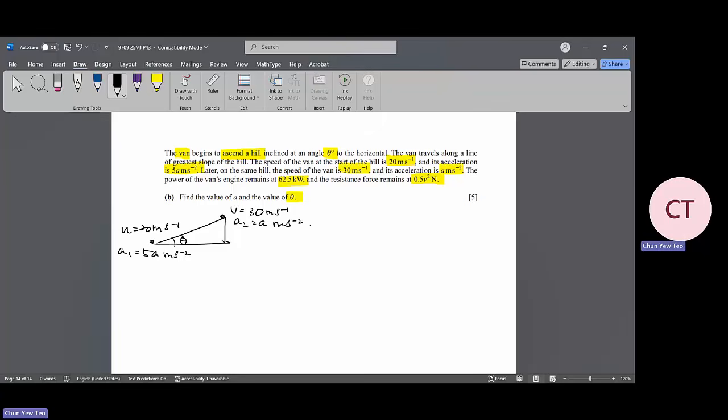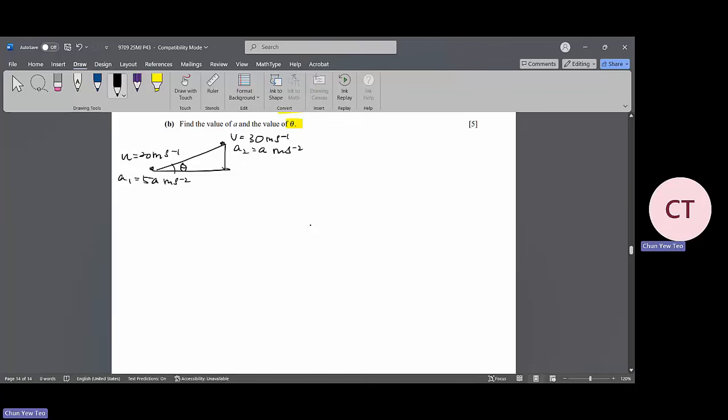So this is the diagram, but the diagram is actually not needed. When v is equal to 20 meters per second, your acceleration is equal to 5a. That is the first stage.